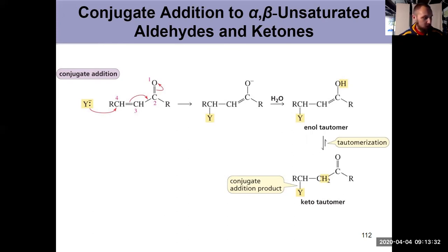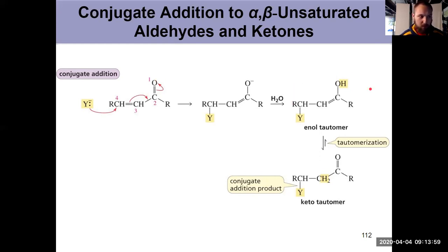And how does that work out? First step is my nucleophile comes in and attacks the beta carbon. Then my pi bond shifts over to between carbon 2 and carbon 3. And to avoid getting a Texas carbon here on C2, my pi density in the C-O bond comes back up to oxygen. And the initial product of a conjugate addition to an unsaturated aldehyde or ketone is an enol.